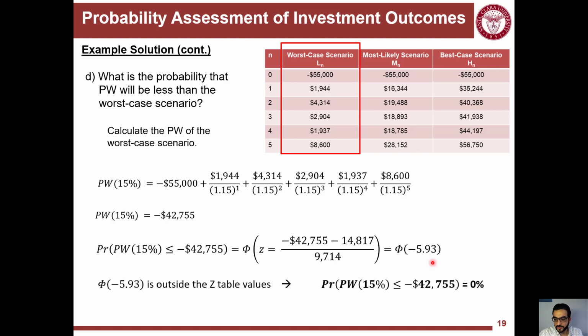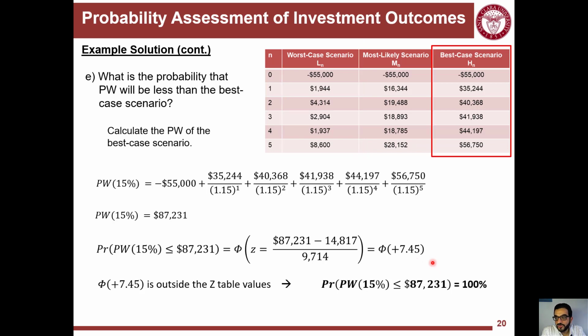So the probability here is almost 0, which makes sense. Nothing worse happens compared to the worst case scenario. So there is a very small, almost zero, chance that you will experience worse than the worst case scenario.